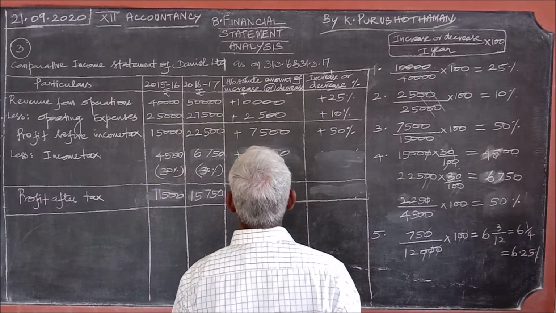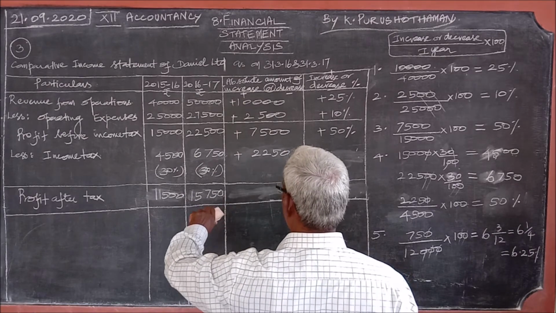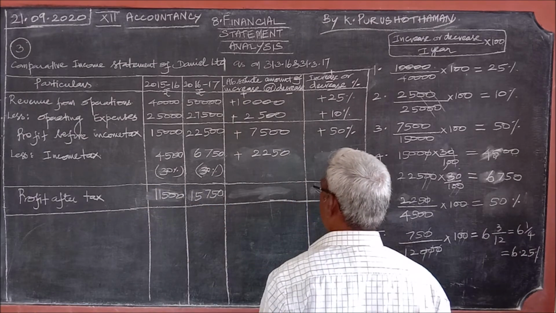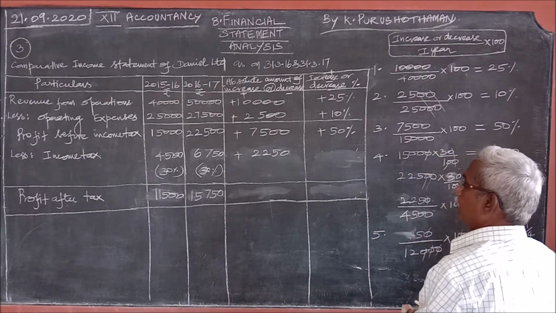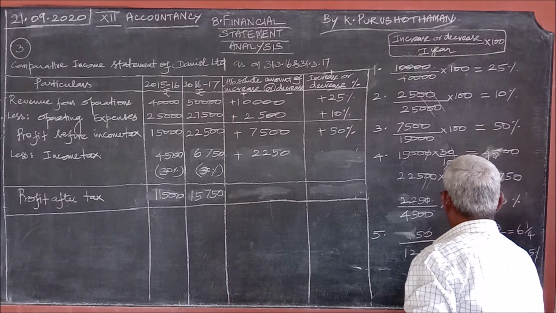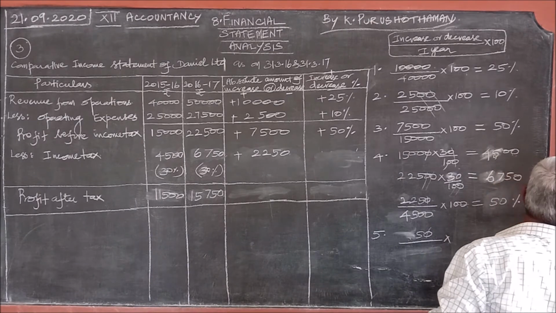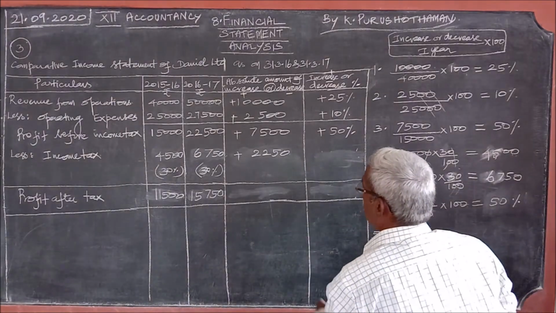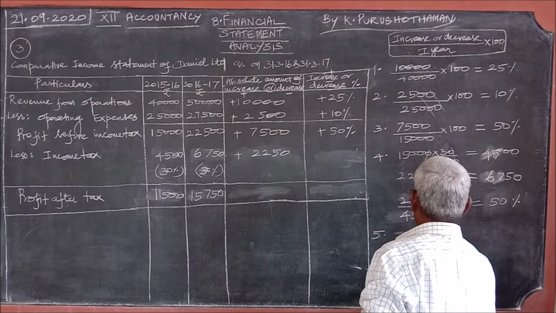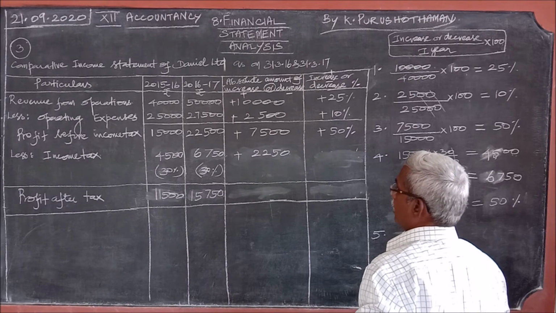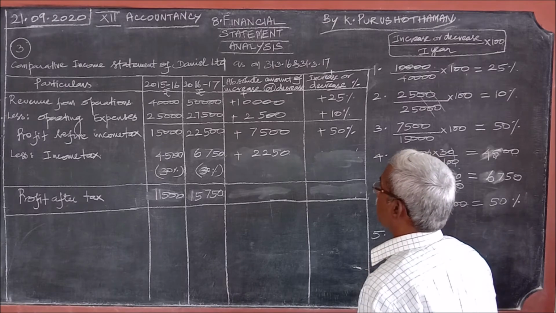Now, what is the difference in profit after tax? 15,750 minus 11,500. 750 minus 500, 250. 15 minus 11, 4. Right.